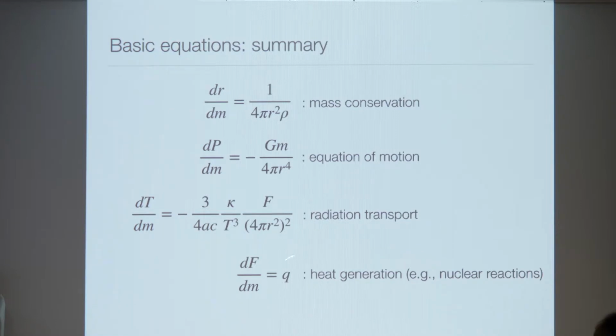So if there's an energy source, then that will give you some fluxes. Nuclear energy, about nucleosynthesis, will be covered by the lectures tomorrow. So I will just give you this equation, and those are the basic equations governing the star.